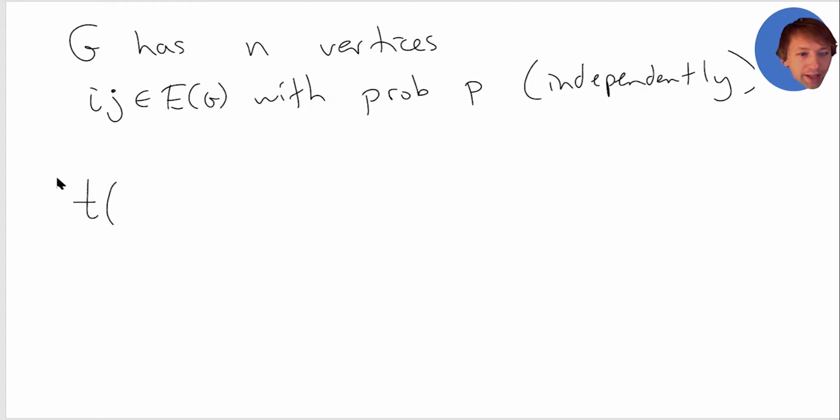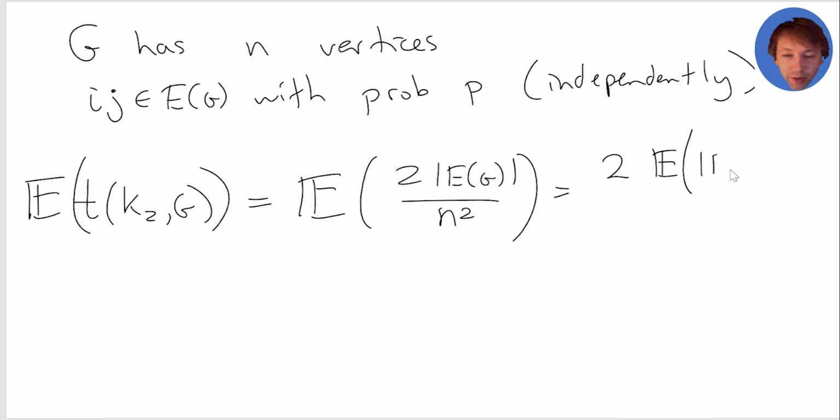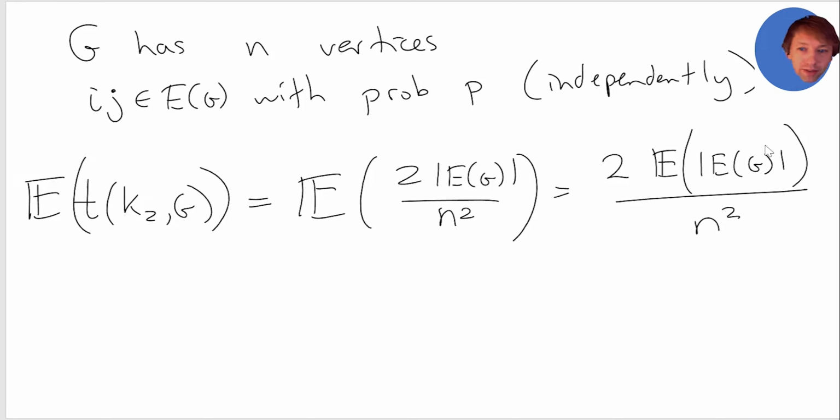So my expected value of t(K2, G), well, we know that that's just twice the number of edges over n squared. And basically by linearity of expectation, I can take the expectation inside, and then we just are asking how many edges do we expect, which is going to be p times n choose 2, because every edge, by linearity of expectation again, is there with probability p.